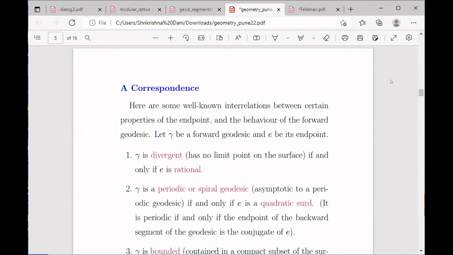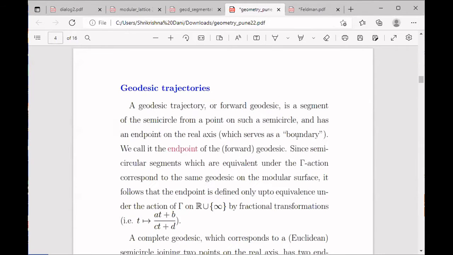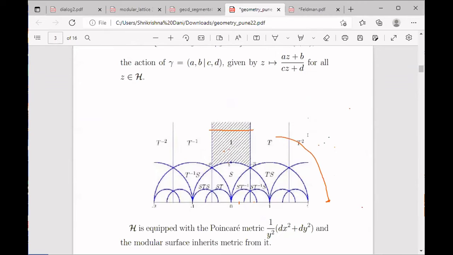So coming back to this correspondence, divergence. There is one obvious trajectory which has no limit point, which goes to infinity, namely something that is simply going vertically upward. Vertically upward is a forward geodesic trajectory, and that will never return. In particular, it has no limit points. It's a divergent trajectory, and its endpoint is infinity.